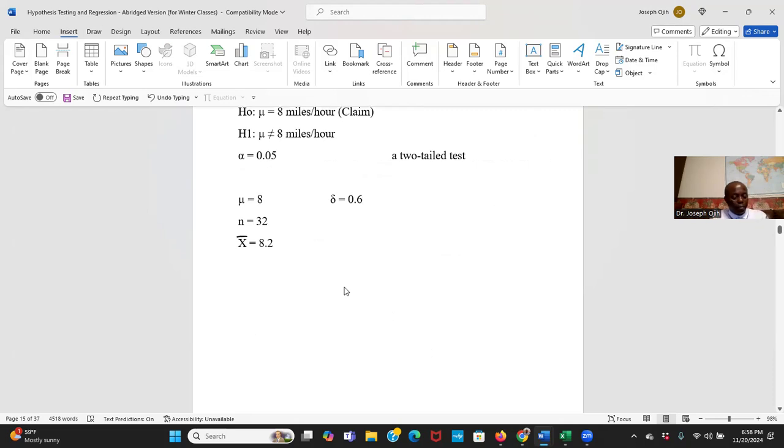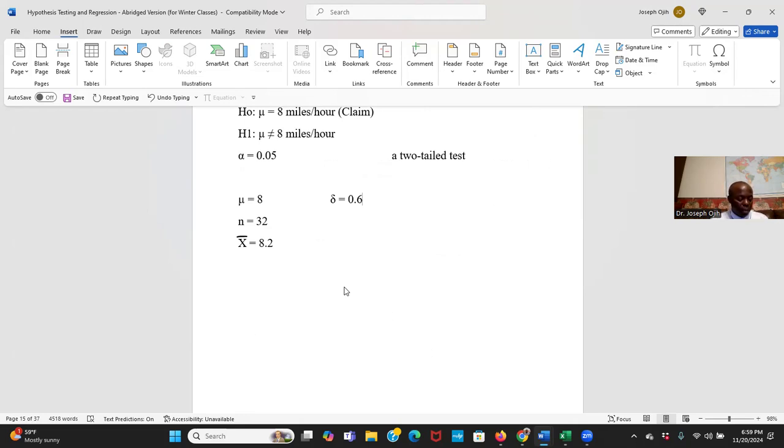Now let us run the test. Let me write this down. Mu, the population mean, is 8, sample size of 32, sample mean of 8.2, population standard deviation of 0.6.